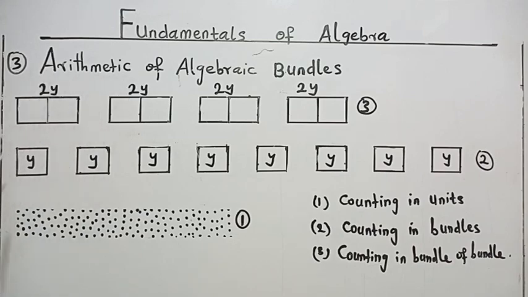Please permit me to concentrate on this. That is where the coefficient of the unknown is 1. Here it has 2 as its coefficient. So bundles are known by the fact that they have 1 as their coefficients. From now on, I will be talking about how to add, subtract, multiply, and divide algebraic bundles.